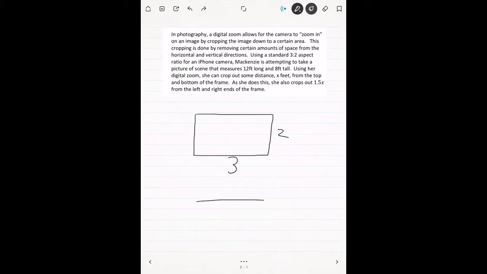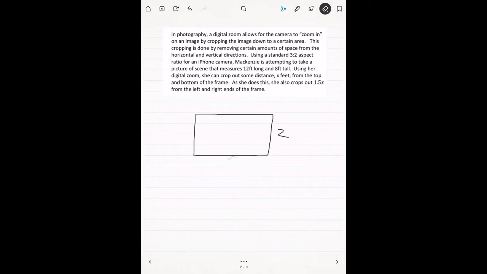Maybe you want one that's really thin, almost panoramic-like. That might be something like a 4:1 or a 5:2, whatever. The idea with this is that the aspect ratio just controls the ratio between the dimensions of the photograph.